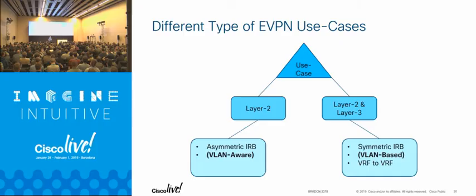Is it possible to include something like PBR? You always can do source-based routing with PBR, right? The possibility exists. And actually in symmetric IRB, we have PBR support to override the existing routing table if you wish to do that. Asymmetric IRB doesn't really have a routing table in the traditional sense.